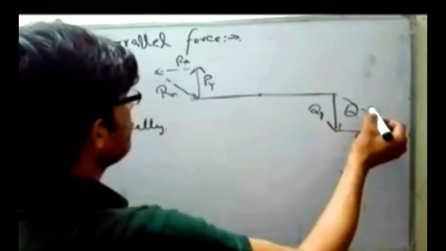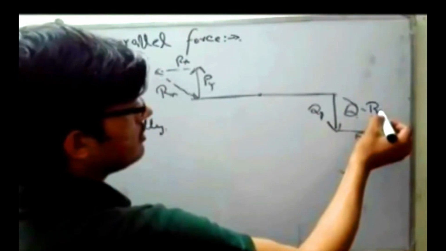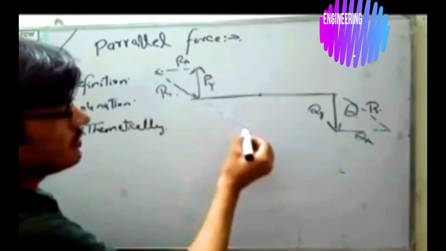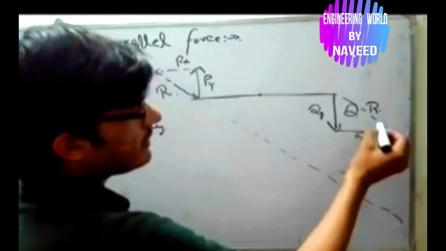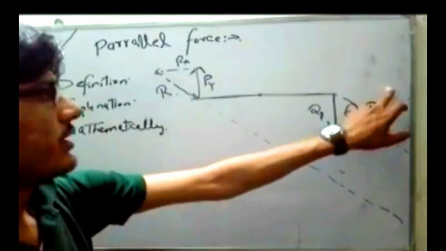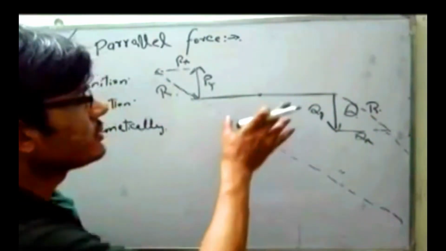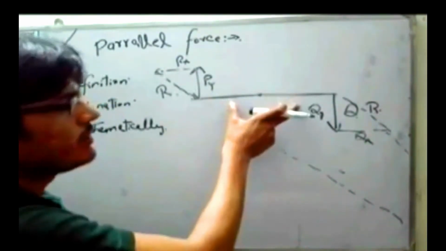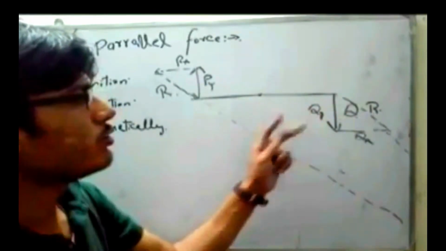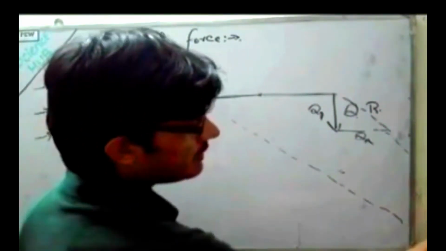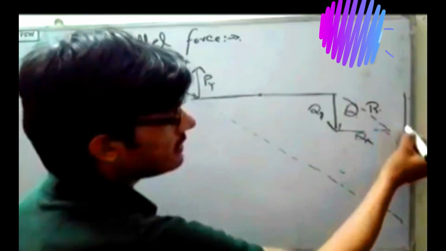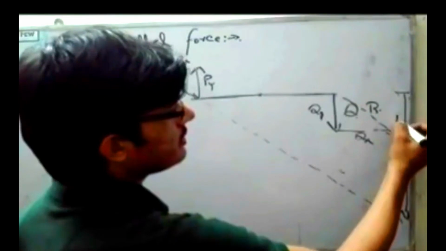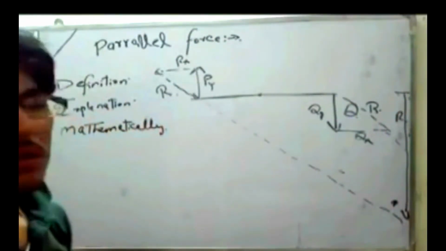So the resultant will be equal to R. Now proceed this vector further, you get a resultant, and that resultant will lie outside these two anti-parallel forces. As these forces are in opposite directions, the resultant will never lie in between them, but will lie outside these two forces. If you proceed this vector further, let's say this is the crossing point, so your resultant will be in this direction here.